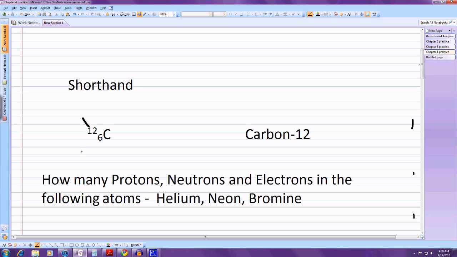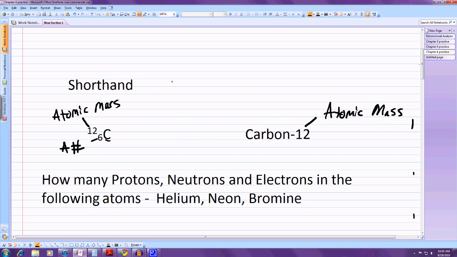In this notation, the 12 on top represents the atomic mass, and the 6 on the bottom represents the atomic number. If I simply write carbon-12, that 12 at the end is the atomic mass.